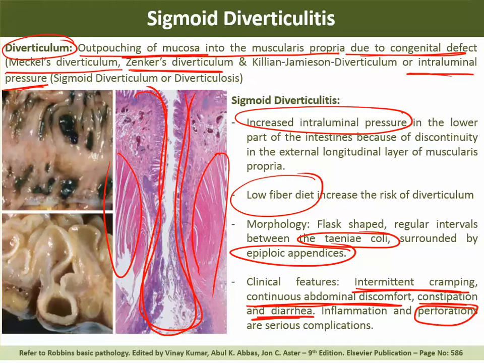So this is sigmoid diverticulitis. Remember, first you should know what a diverticulum is. If it occurs in the sigmoid, it is called a sigmoid diverticulum. It happens due to intraluminal pressure, and because the colon has weak areas, the mucosa enters into the muscularis layer, and if it becomes inflamed, it is called diverticulitis.